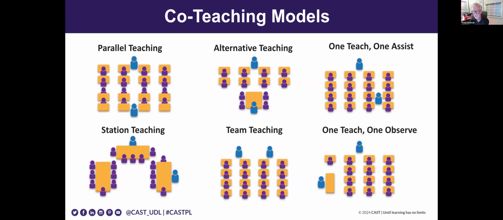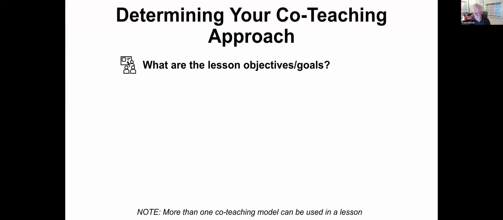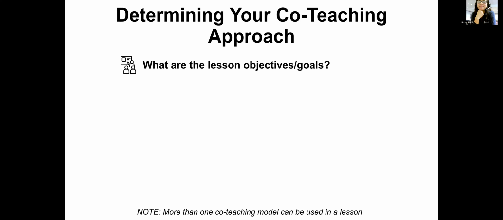Right now you're seeing a visual, a map of what these look like, but I'm going to take you through them individually and tell you what is actually happening in each of these models. I'm going to do that in just a minute, but we're going to address some questions first.